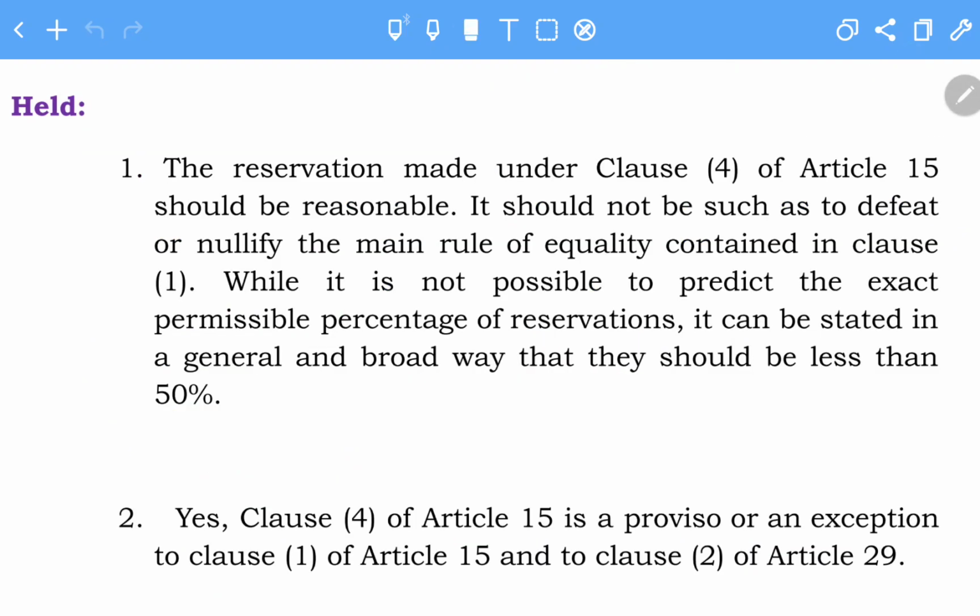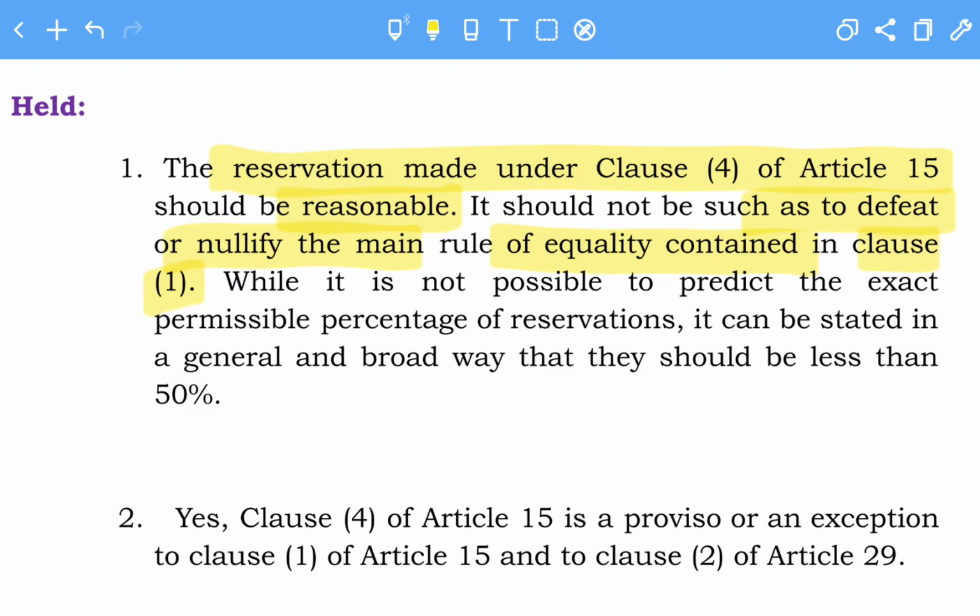The first issue: to what extent can the reservation be there? The court says that under Article 15 Clause 4, the reservation should be a reasonable one. It should not be such as to defeat or nullify the main rule of equality contained in Clause 1. That means, to whatever extent you give a reservation, it must be reasonable.